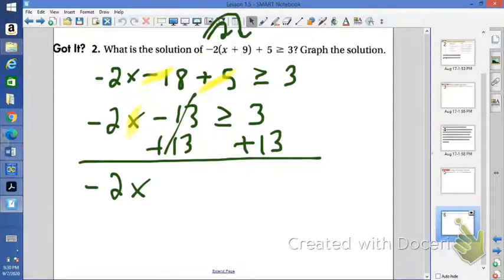Don't divide. You want to do your addition and subtraction, those inverse operations, before you do the multiplication and division to make your life a lot easier. Alright, so I'm going to be greater than or equal to 3 plus 13, which is going to be 16.